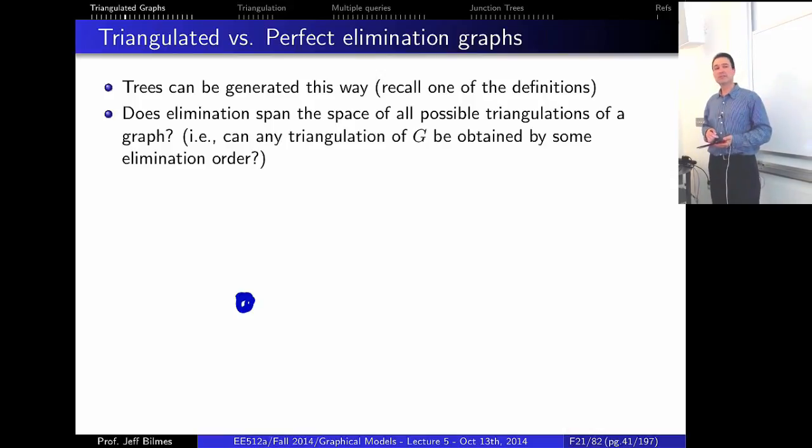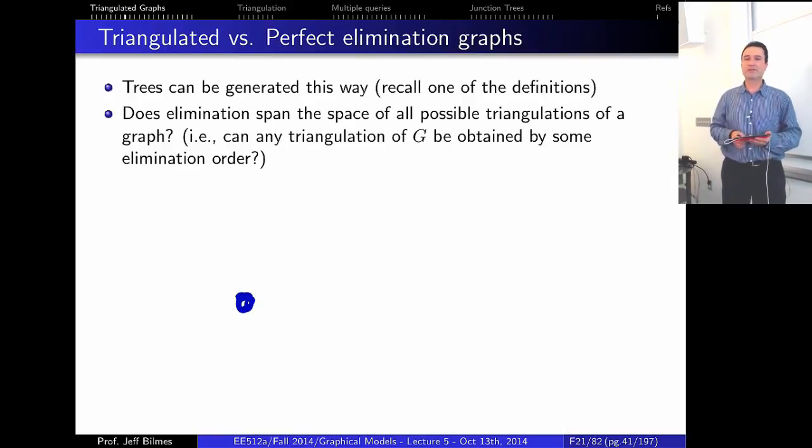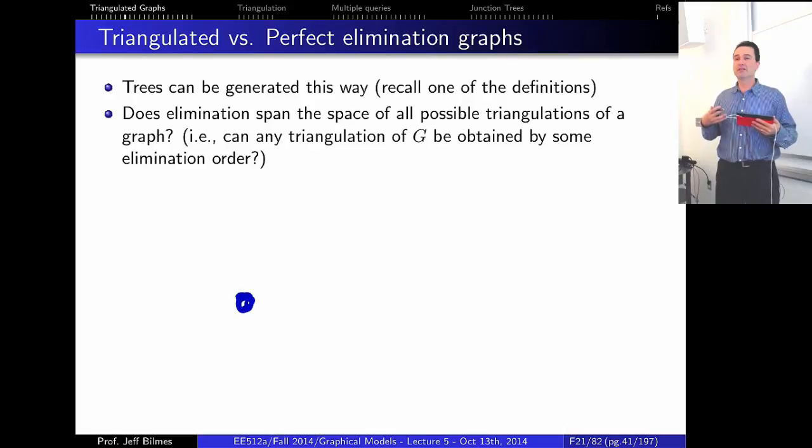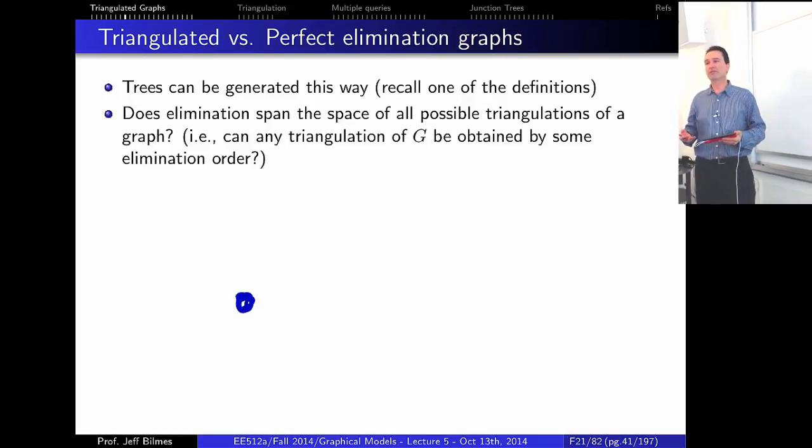So now another question for you, another thought question: does the elimination process span the set of all possible triangulations of a graph? In other words, let's say your graph is not triangulated, and there are a large number of possible ways of triangulating that graph.